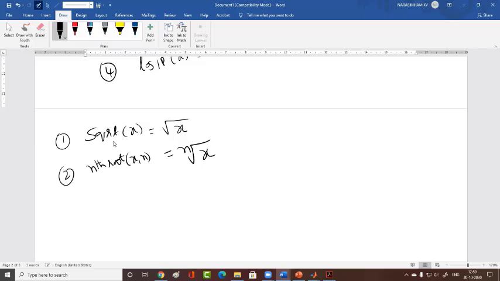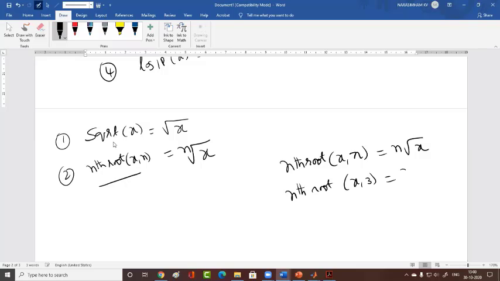This is the syntax. Suppose you want to find the cube root of x, use x comma 3, then you will get the cube root of x.